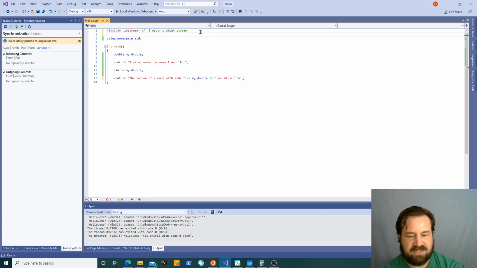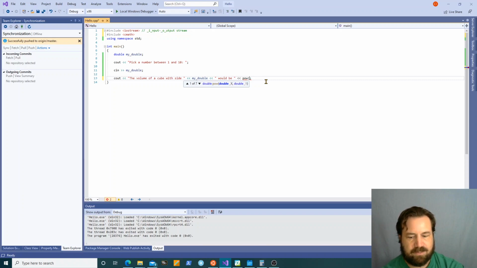So we have to come up here and #include a new library called cmath. And cmath gives us a function called pow for power, and x to the y power is pow of x comma y.